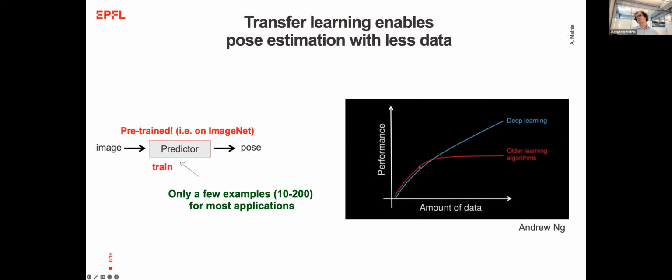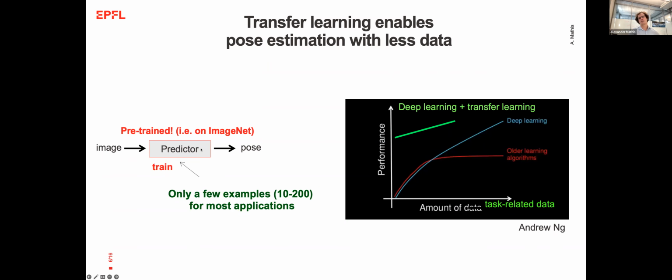But I think one big problem in this story is that if you don't have large-scale data sets for the problems that you work on, then maybe we wouldn't be able to utilize deep learning efficiently in the laboratory or in the field. And fortunately, we know that that's not true. If you use transfer learning, so for example, in the case of DeepLabCut, you have this model that has 50 layers.